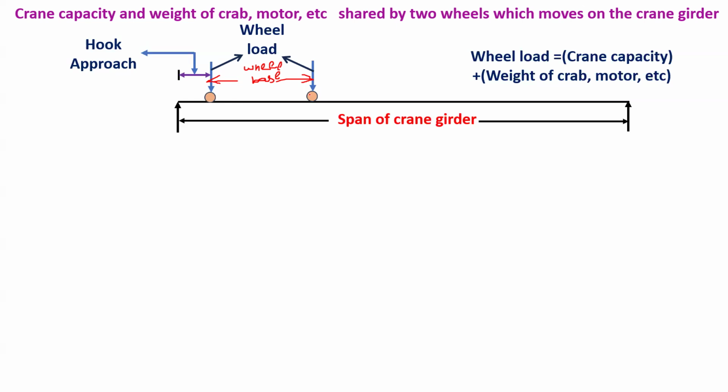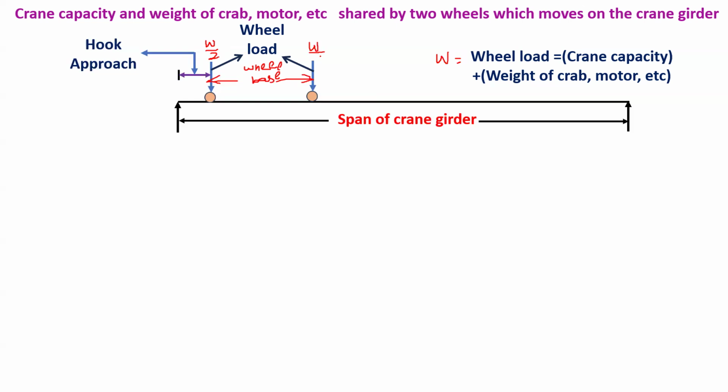Whatever total load we get, we have to divide this total load by 2. If I say this total load is capital W, then we are going to get these wheel loads as W by 2, and this value also W by 2.